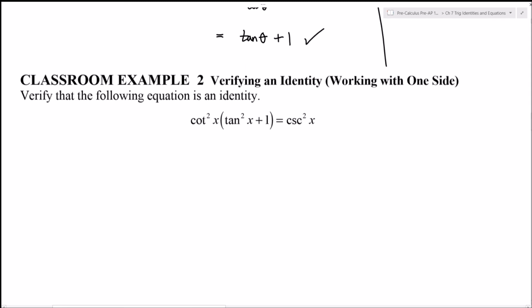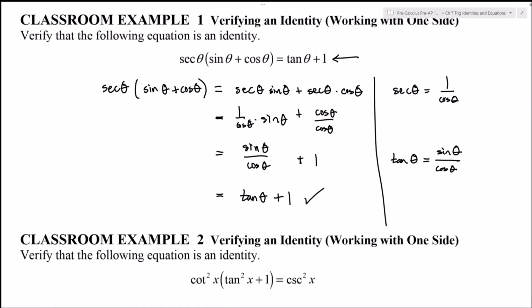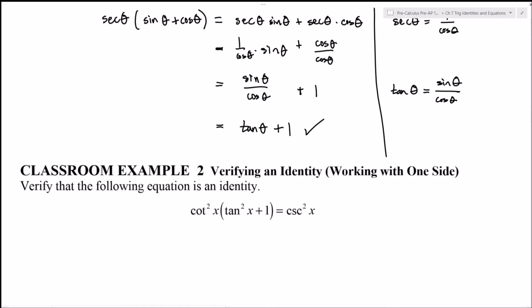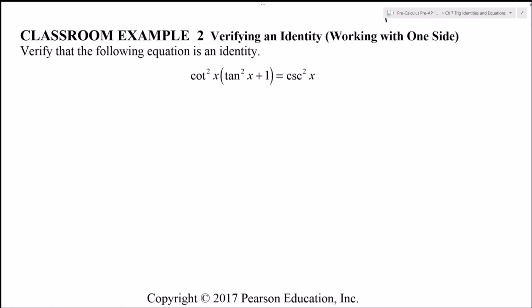If you wanted to follow exactly what we did in the previous one, that's going to be perfectly fine. It's going to lead you to an answer. It's going to lead you to the completion of this distribution, basically. So if you distribute cotangent squared into tangent squared x plus 1, you should be able to get the right-hand side. So cotangent squared x is going to multiply times tangent squared x and then plus 1.